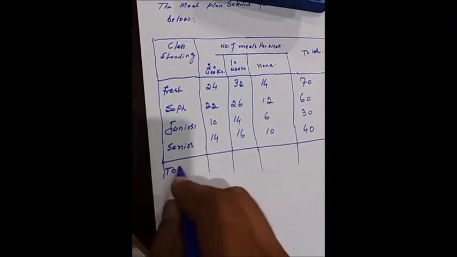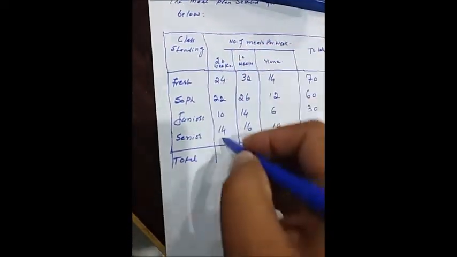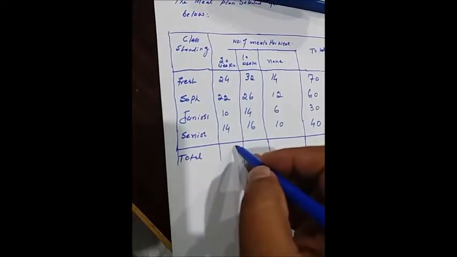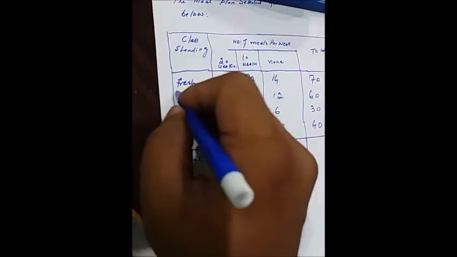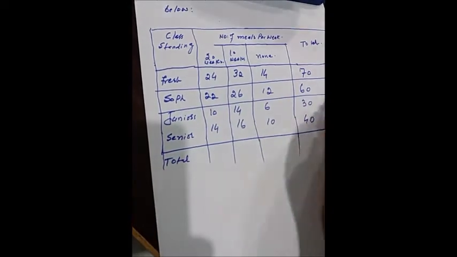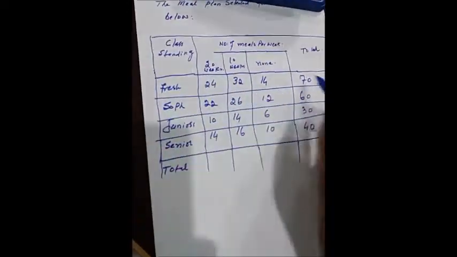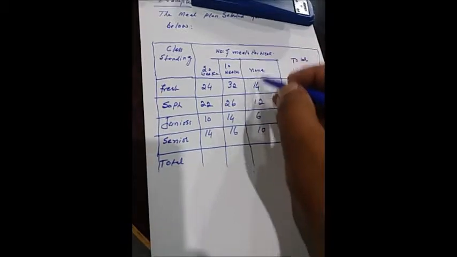So the total is 24. This is the column total and this is the row total. You can see these are the rows and these are the columns.